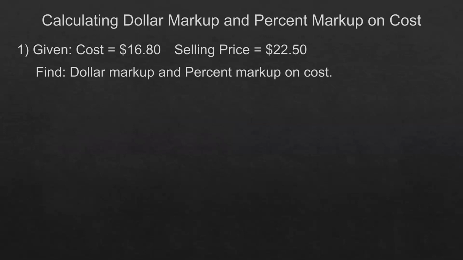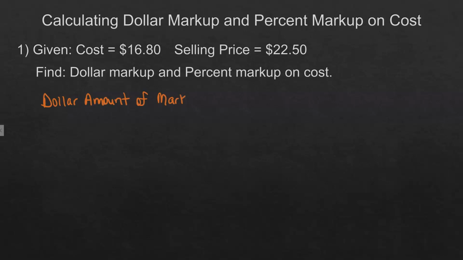Okay, so we're going to do some calculating here. It says calculating dollar markup and percent markup on cost. So they gave us cost of $16.80, selling price is $22.50. We're going to find the dollar markup and the percent markup. Okay, so the dollar amount of the markup is going to be a subtraction.